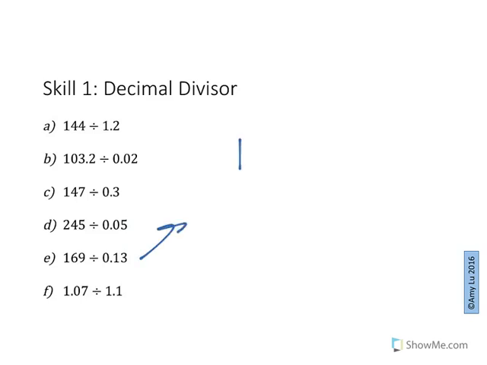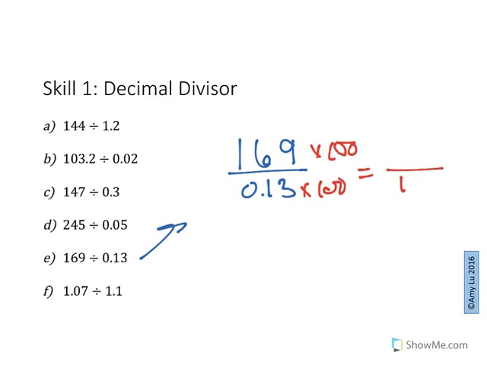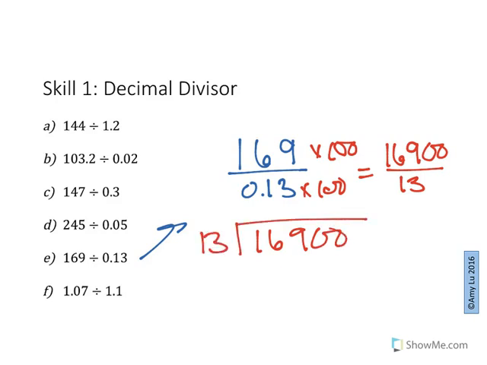In the next case, 169 divided by 0.13, multiply by 100 so I can clear up that divisor. So it becomes 16,900 divided by 13. Short division, it goes into it 3 times, no leftovers, and there we go.